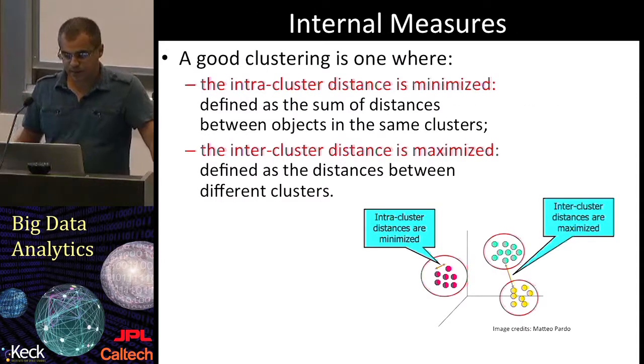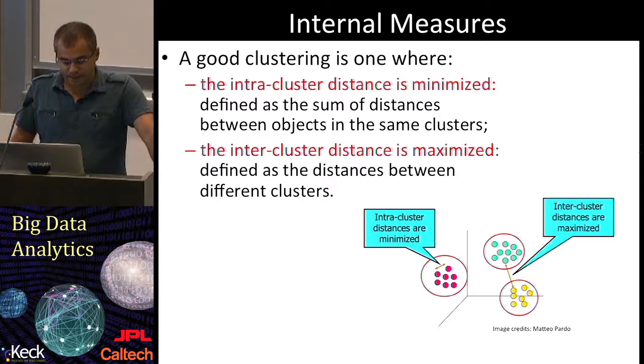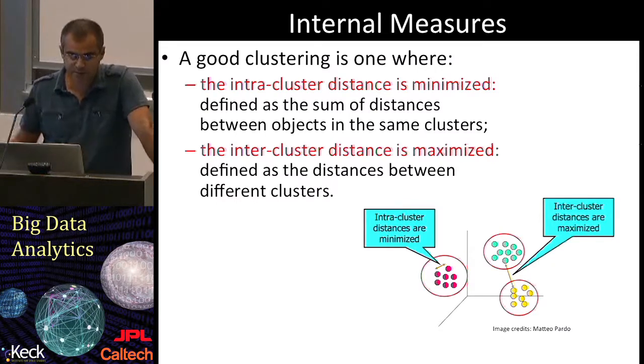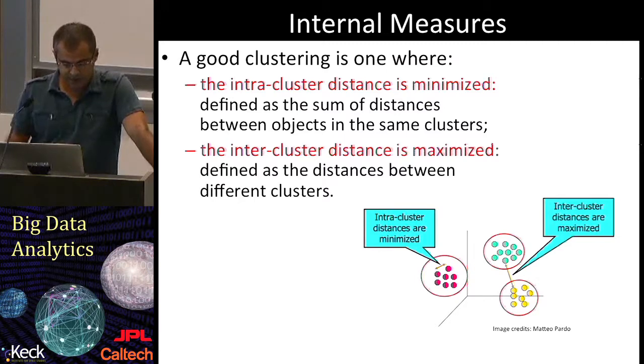Now, let's start with the internal measures. They can be divided in two big classes. Intra-cluster distances, that are the distances between the points belonging to the same cluster, and inter-cluster distances, that are the distances between clusters, as shown in the figure.